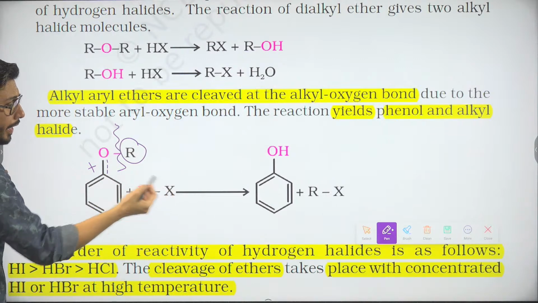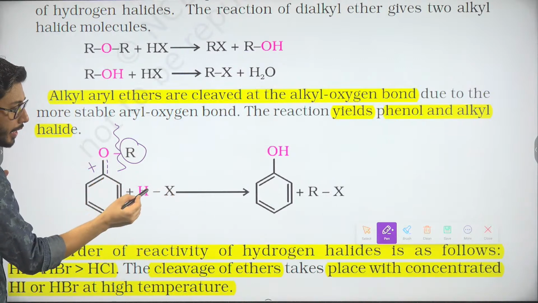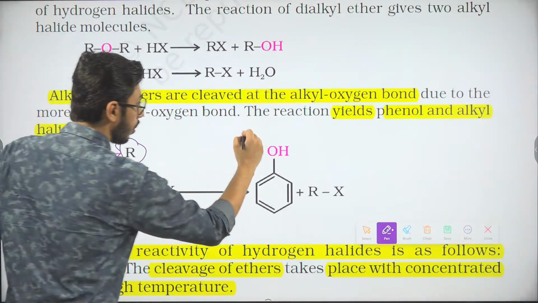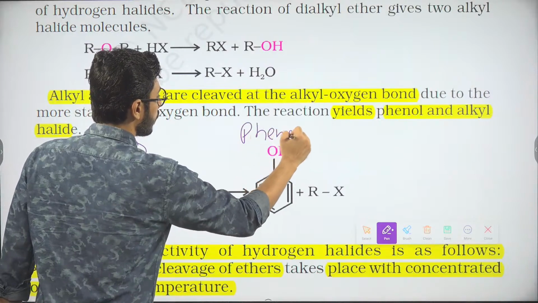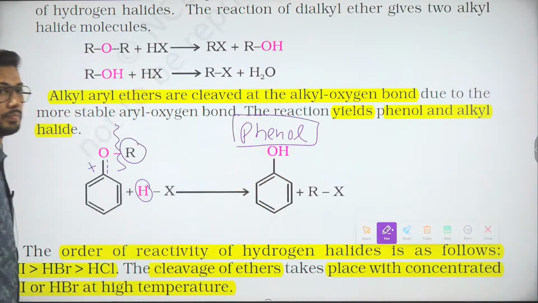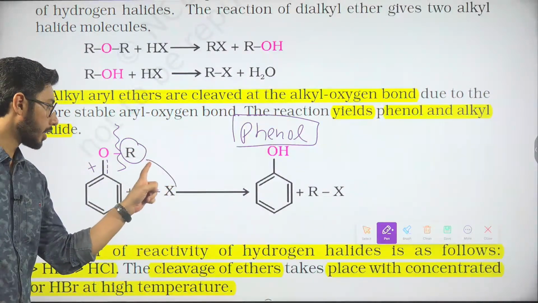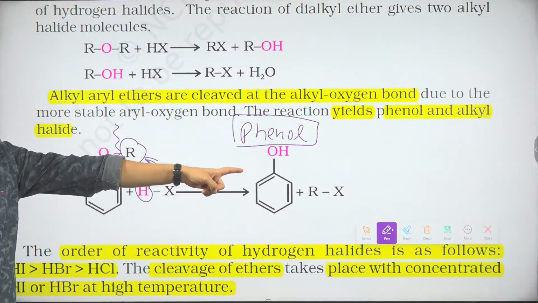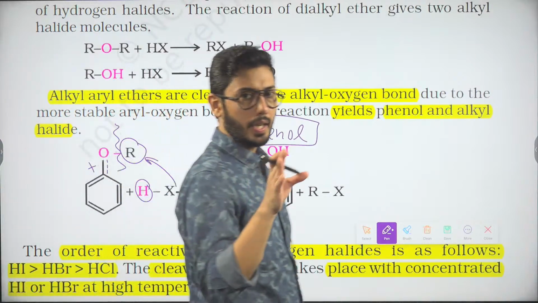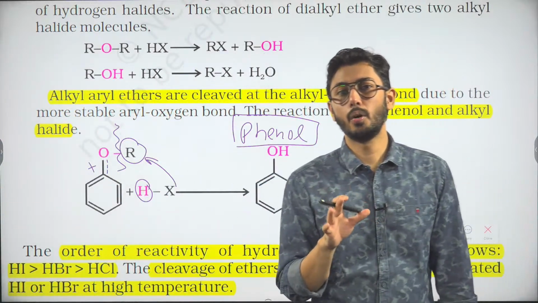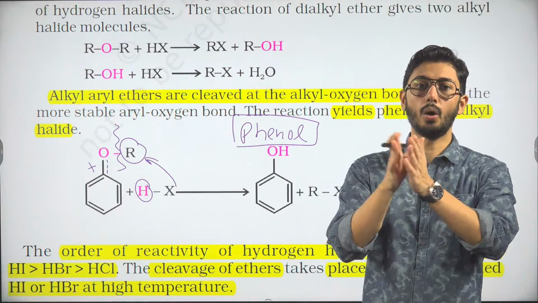Okay? HX, O will take H plus. One side product is always fixed, phenol. The other product, depending on the alkyl group, is attacked by X minus. What is formed? RX. So if it is an alkyl aryl ether, always which side bond is cleaved? The alkyl oxygen.